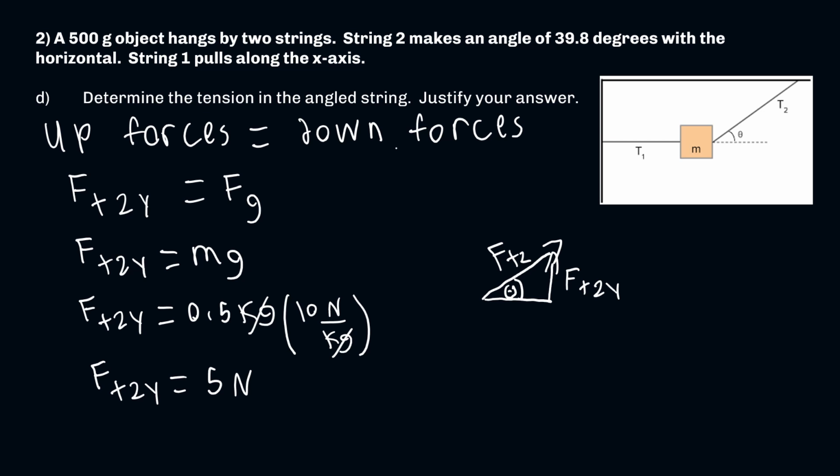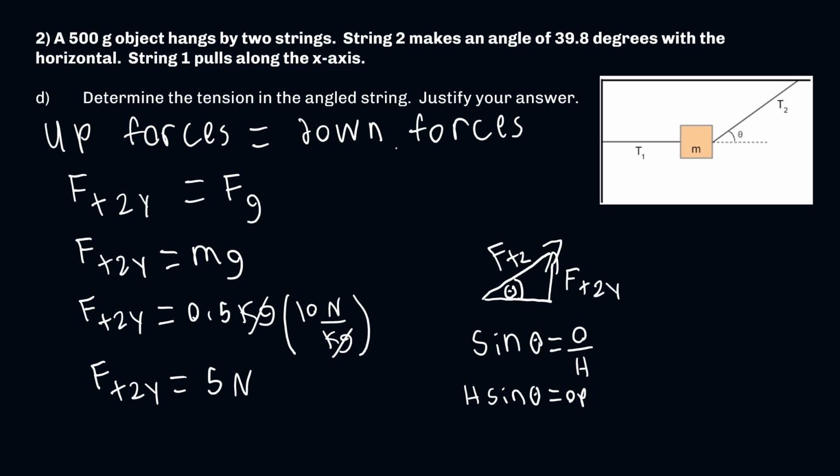So showing where my components actually come from here, sine theta is equal to opposite over hypotenuse. If I do a little bit of math here, when we go back to our facts, it's telling me that it's the force times sine theta. All I'll do is solve for opposite because I have that. So it's really hypotenuse times sine theta is equal to the opposite. And that's an opposite here, not 0.